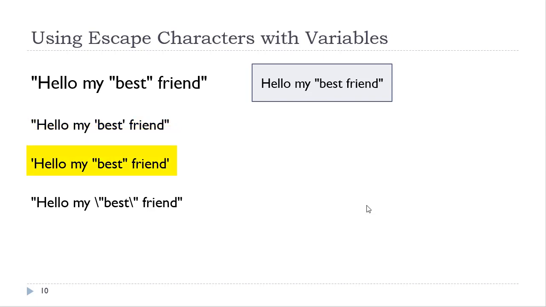You can have single quotes on the outside and double quotes on the inside. Or you can escape the double quotes on the inside and place double quotes on the outside. The backslash is the escape character, and that will tell PHP to treat that quotation as a string and not as the end of a delimiter, so that you can display those quotes inside that variable expression.